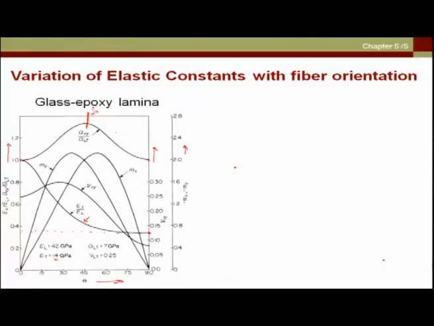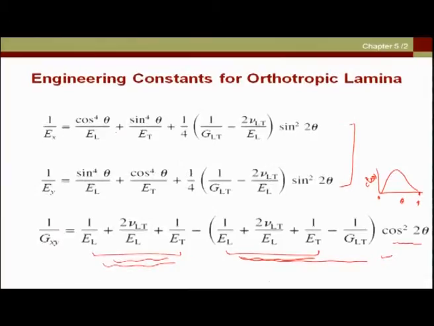And the reason for that is once again, from a mathematical standpoint, embedded in the equation for GXY. This is the relation for 1 over GXY. Now, this is a positive number, and this term multiplied by cosine square 2 theta gets subtracted from this positive number.